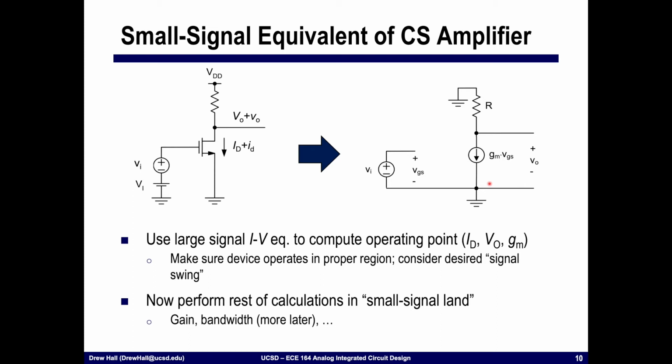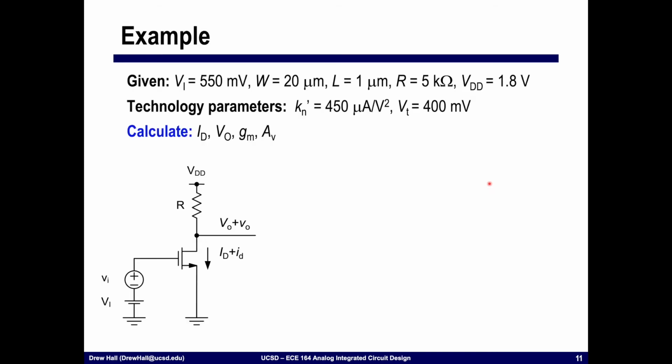So let's do an example. Let's take this same circuit that we've been talking about for a while, and I'm going to give you a few technology parameters and inputs. So the input DC voltage is 550 millivolts. We've sized the transistor to have an aspect ratio of 20/1 microns. We have a 5 kilo ohm resistance, and we're operating with a 1.8 volt supply voltage.